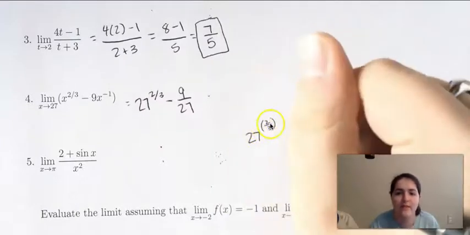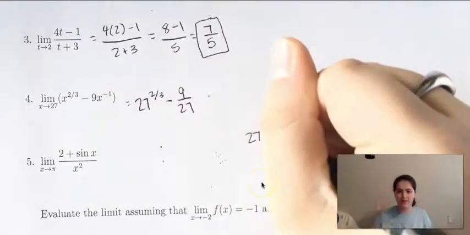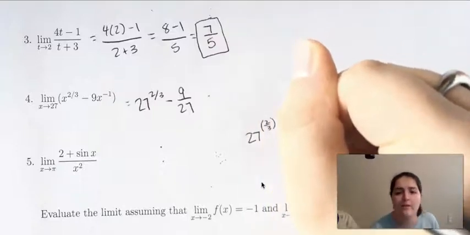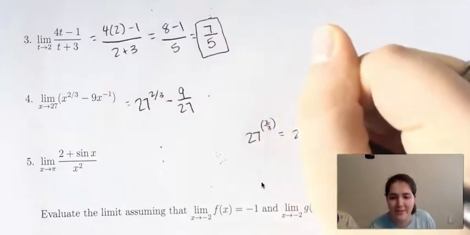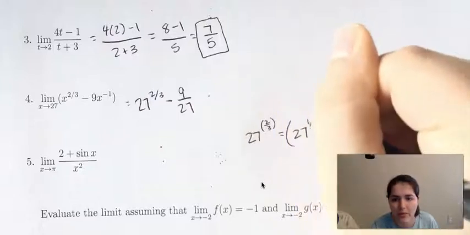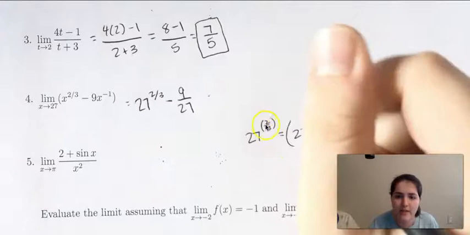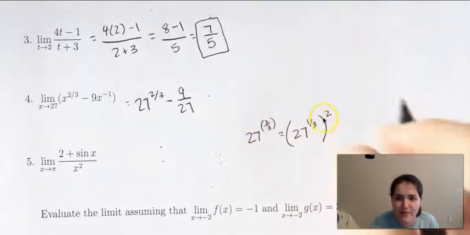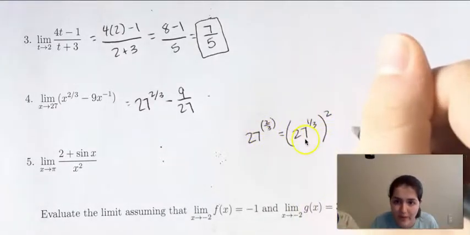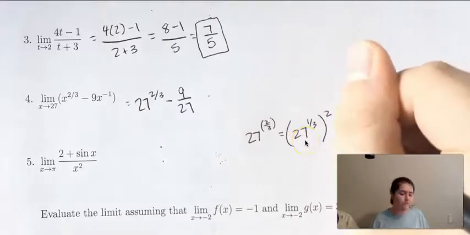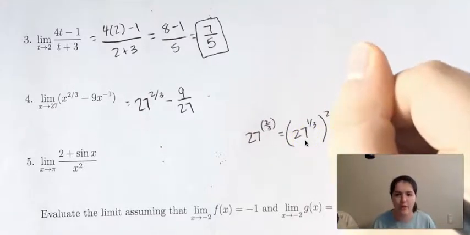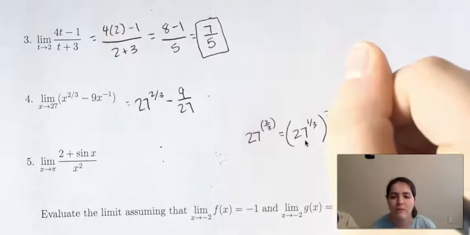The exponent is 2/3, and we've got that written down. To break it down a little more, I'm going to rewrite it differently. Here, I took out the 2 and squared the whole thing, and then I'll break it down a little more to show you more easily.